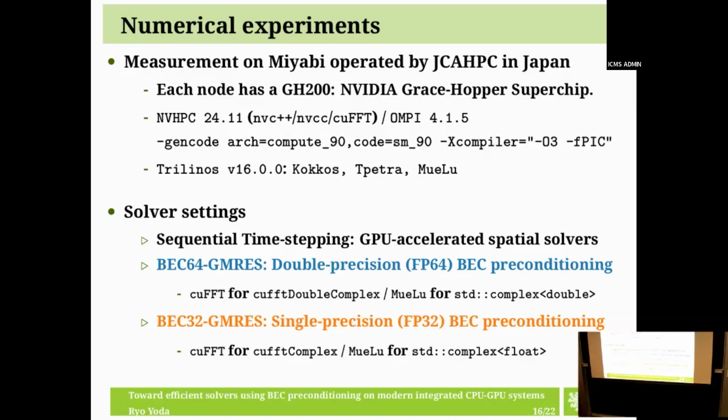And lastly, the FP32 GMLS method, which is a single precision preconditioned solver. In this case, we use the cuFFT libraries for single complex types, or the Mueller libraries for std complex float. Then we will compare these three solvers.